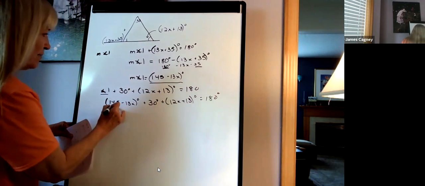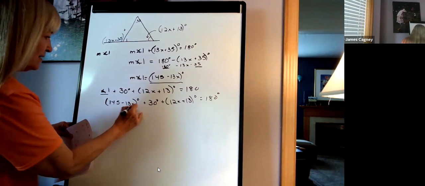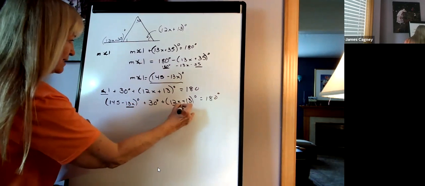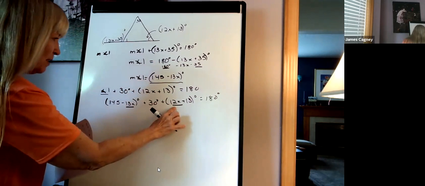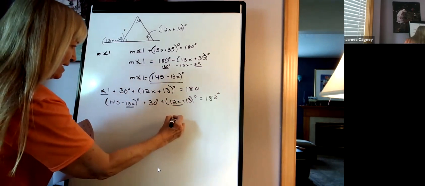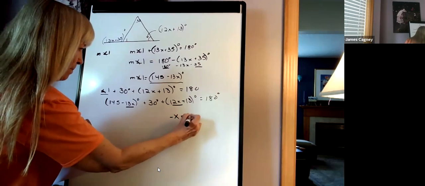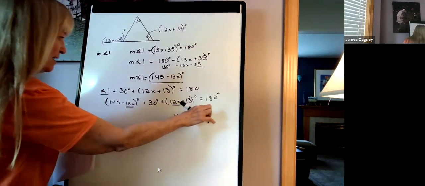Now I can combine like terms. Here's an x term, here is an x term. So minus 13x plus 12x is going to give me negative x. And I still have 180 degrees here.